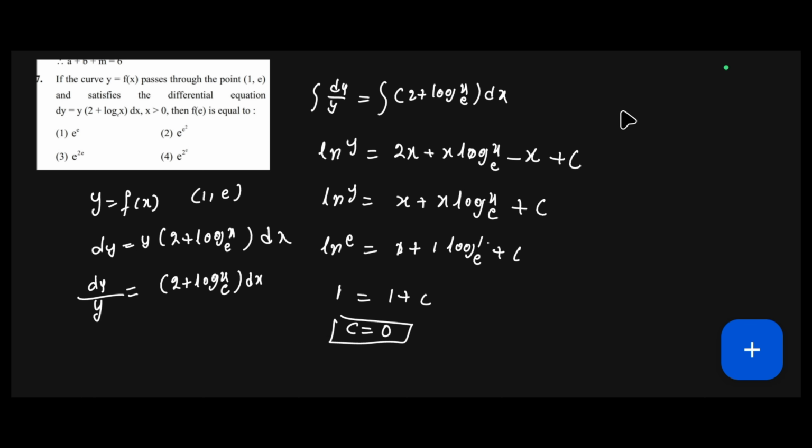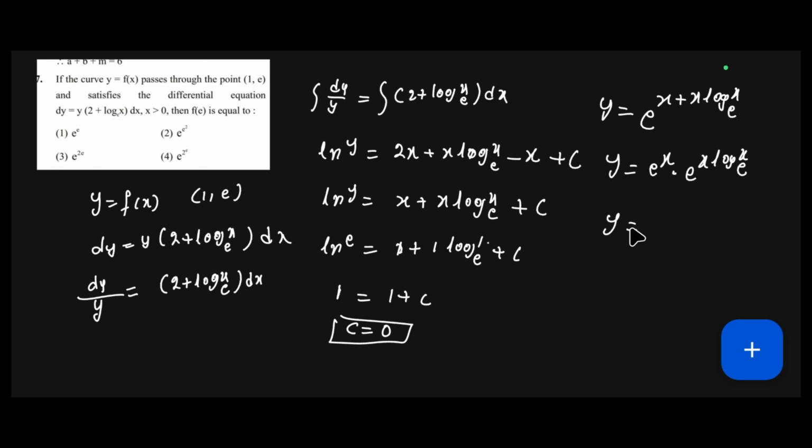The equation is y is equal to e power (x plus x log x base e). So y is equal to e power x into e power (x log x base e).